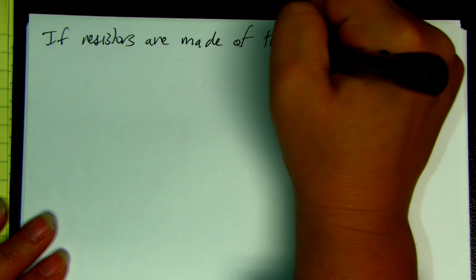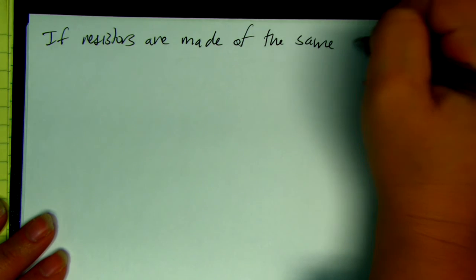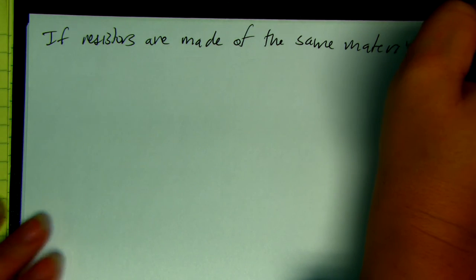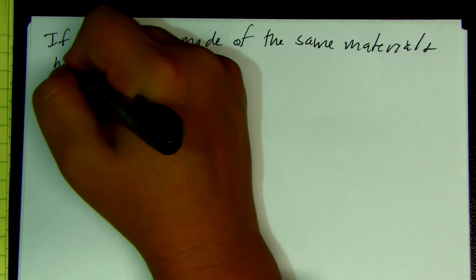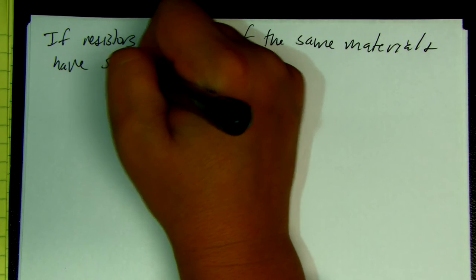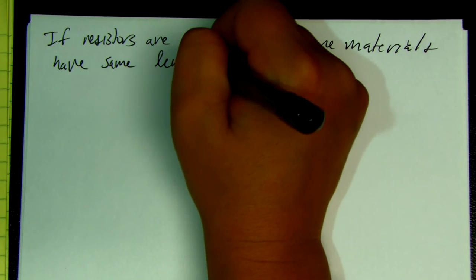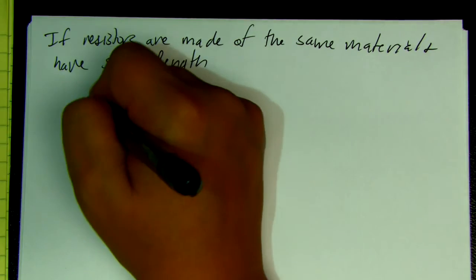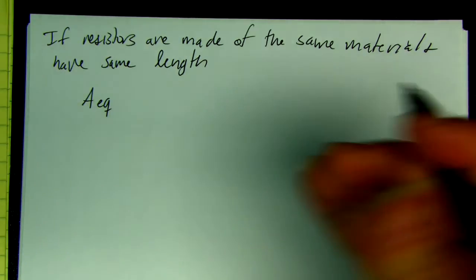All right, and we could also think about this, that if the resistors are made of the same material and have the same length, you could think about it as though their cross-sectional area was just being combined into one big one.